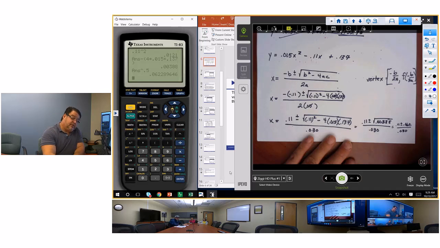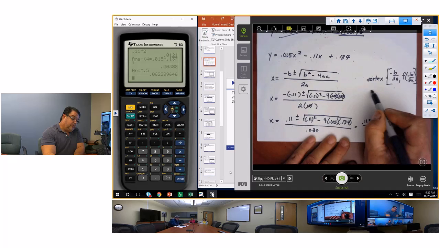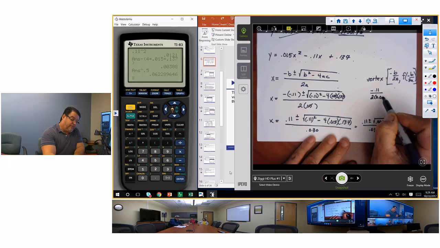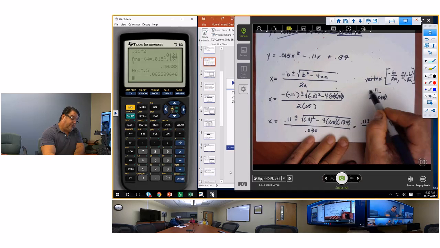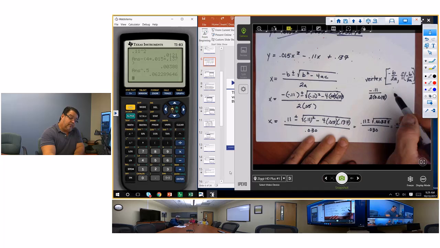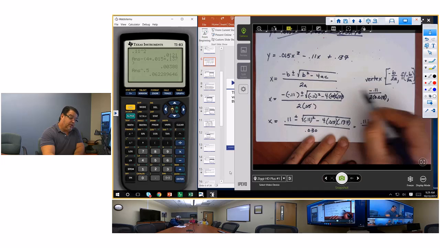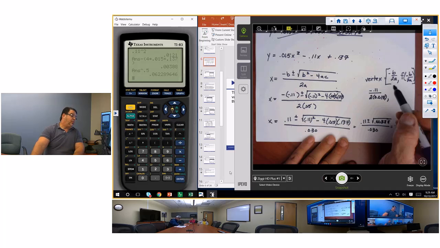Vertex, negative 0.11 over 2 times 0.015. And that's going to be a negative because the negative's right there. And then comma. And then whatever that number is, you're going to plug into. So take your 0.11.